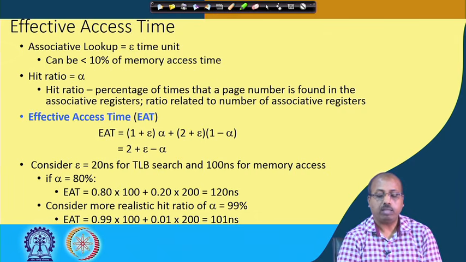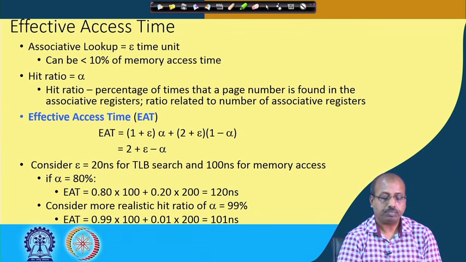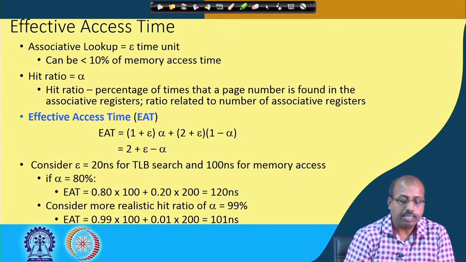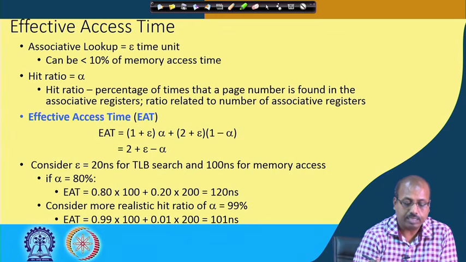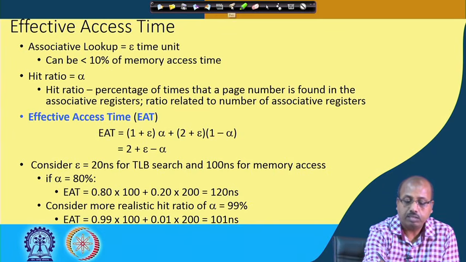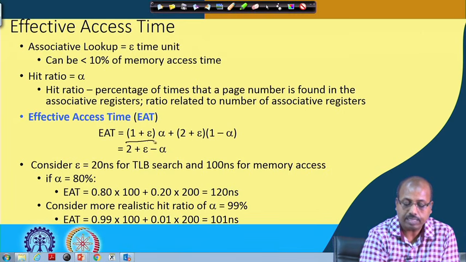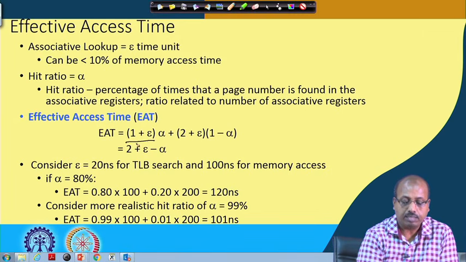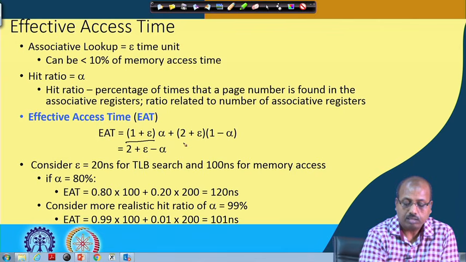and it is related to the number of associative registers. So, the effective access time: for an alpha fraction of accesses, the page is found in the associative memory. So, (1 plus epsilon) into alpha. That is the time needed for accessing the cache.